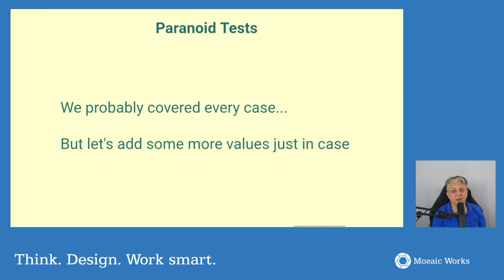And then I will write maybe some property-based tests, depending on whether I can figure out a property that I can check, and if I have the proper tools, because I change programming languages, and with property-based tests you need generators, you need some things in place. And then I would say, okay, I did all that, but to ease my mind, let's write a few more just in case. And those are my paranoid tests.